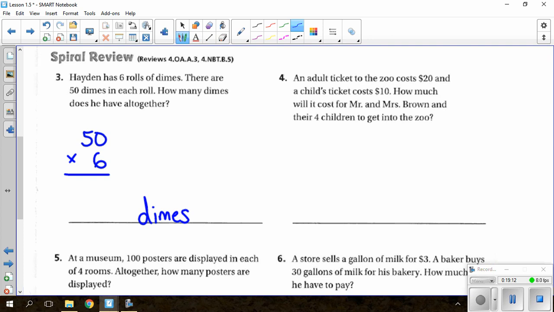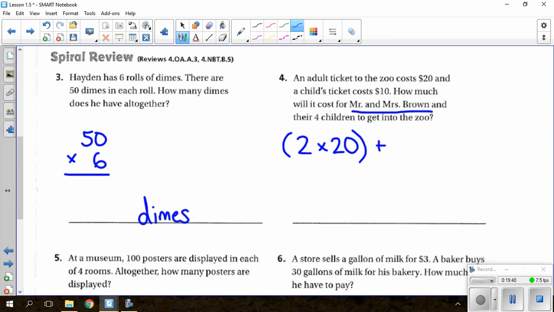For question number 4, an adult ticket to the zoo costs $20 and a child's ticket costs $10. How much will it cost for Mr. and Mrs. Brown and their 4 children to get into the zoo? So because we know that both mom and dad are going to the zoo, we would have 2 adults. So I'm going to have 2 times 20 just to figure out for the 2 adults.